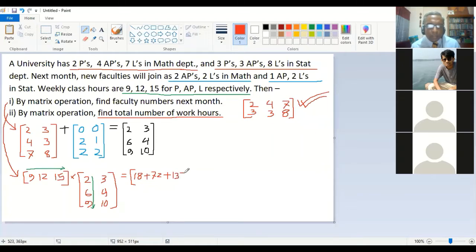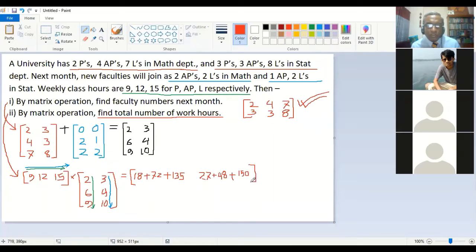Okay, and then put a gap and move to the next column. You will do the same calculation again. You come from the left side and go down. In this case it will be 9 into 3, so 27, and then plus 12 into 4, so 48, and then plus 15 into 10, so 150, right?